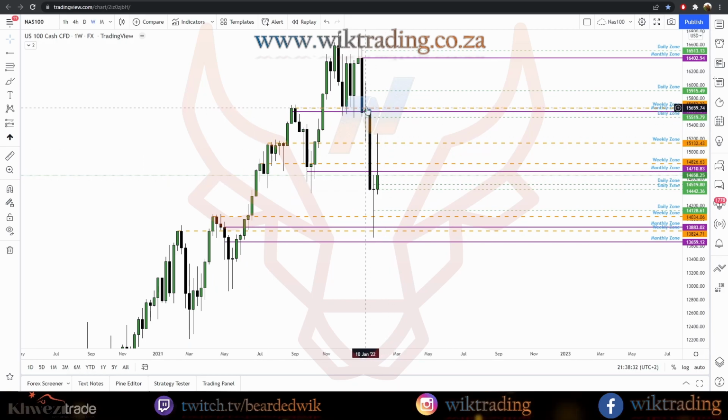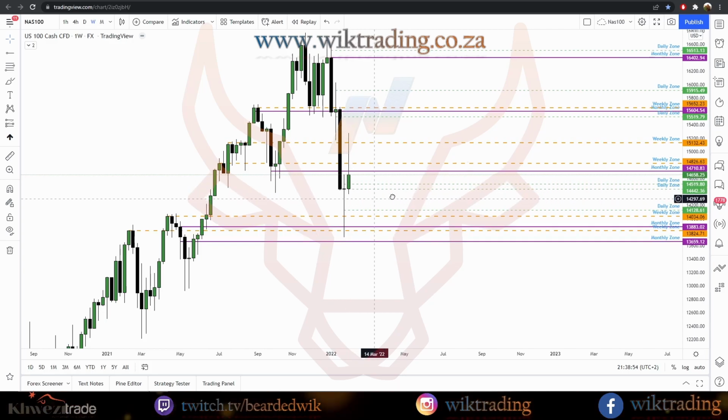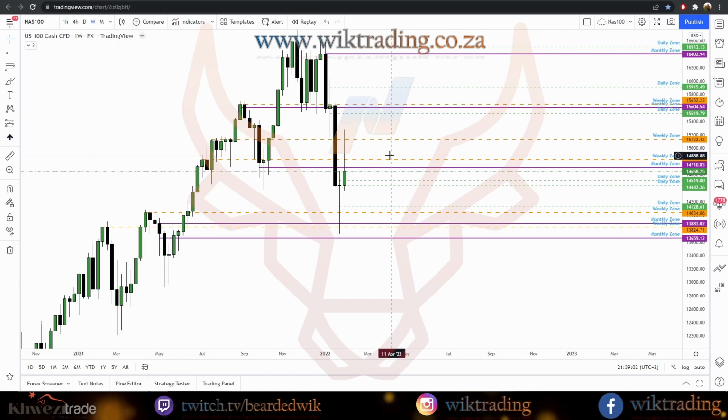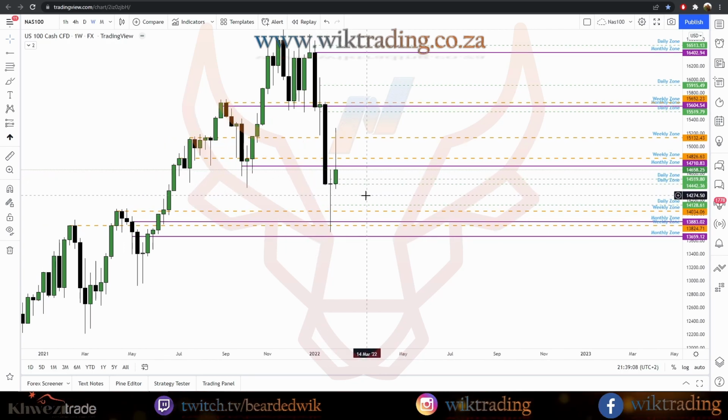So basically what we're showing is a breakout of this monthly zone, and then a nice doji, and then this candle here showing a lot of bull pressure to the top, and it closed bull with a smaller wick to the bottom, showing that there were more bulls than bears this week overall. The bulls had the upper hand, seeing that the wick is so long to the top, and the candle closed bullish at the end.